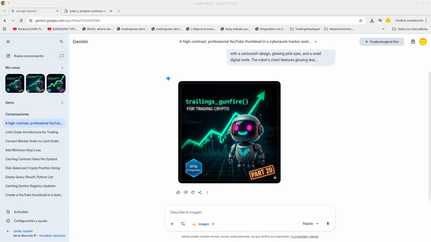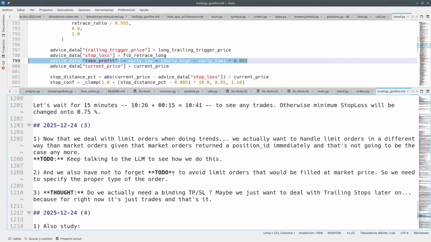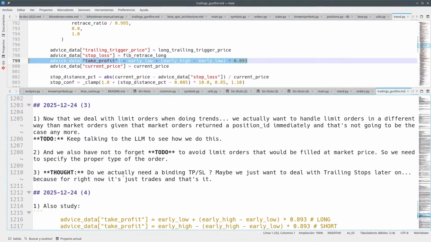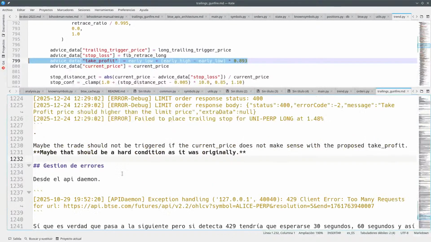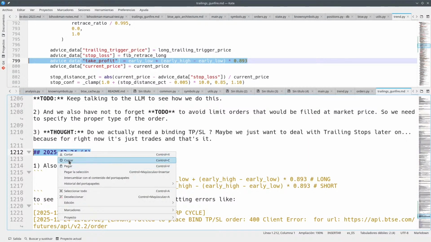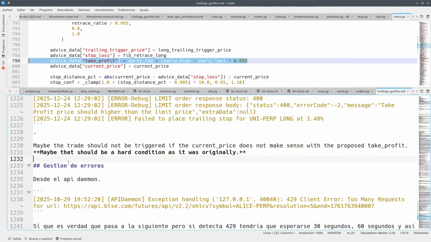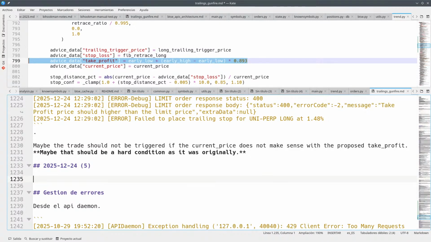So what we're going to do today is to keep working on all of the stuff that we had around here. The problem was that we are doing this limit.